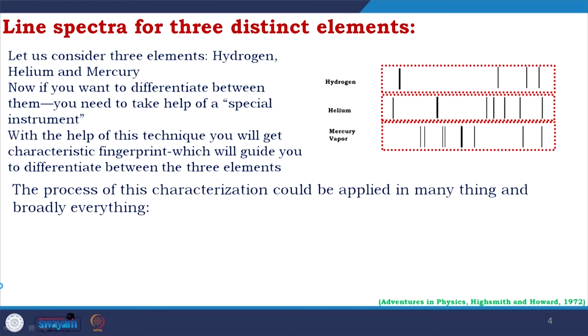The process of this characterization could be applied in many things and broadly everything. That is why we are spending so much time to understand the general principles, because if you understand the general principle of spectroscopy, then you go and you see that by changing energy, by changing different parameters, newer spectroscopies are developed and studied.